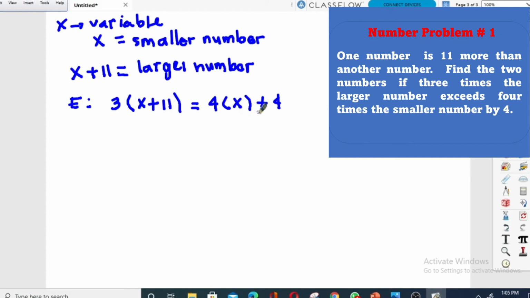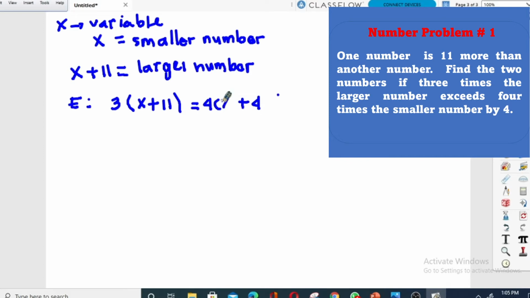So we normally immediately write plus 4 if you see exceeds or more than. We immediately write plus 4 and then go back to the sentence: 4 times the smaller.